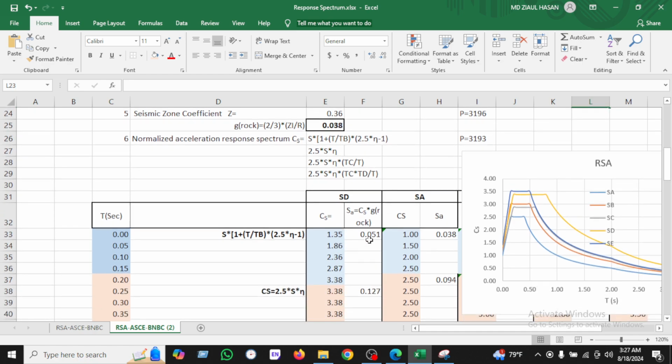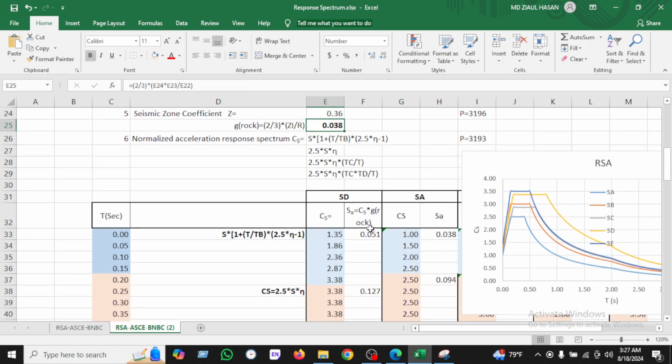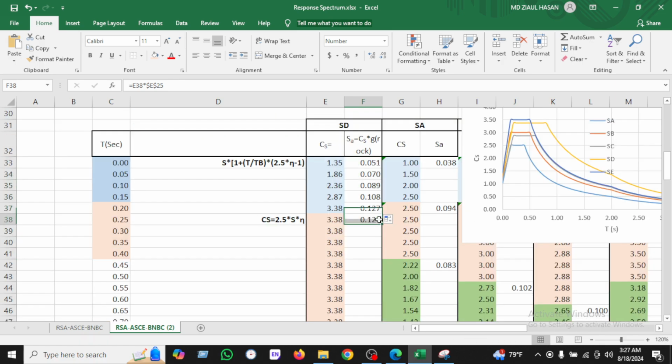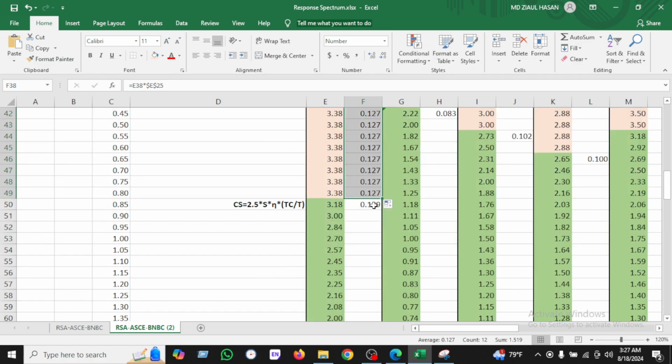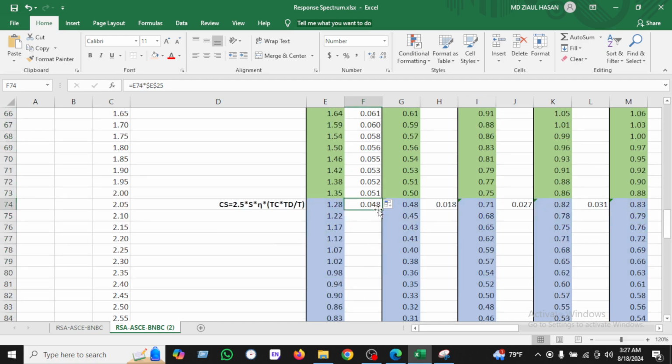If we multiply CS into this value, then we will get the SA value. I have already put this formula here. I'm just clicking and found it here for the fourth, and this is for the fifth.